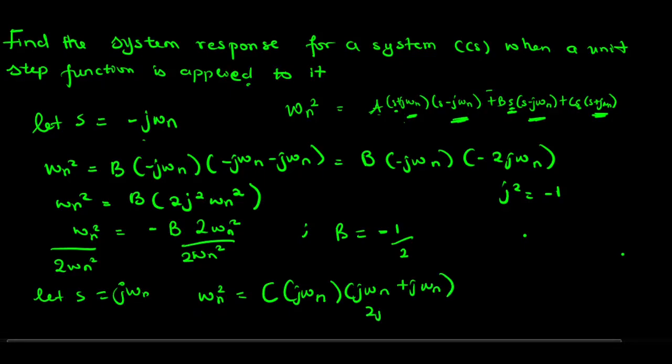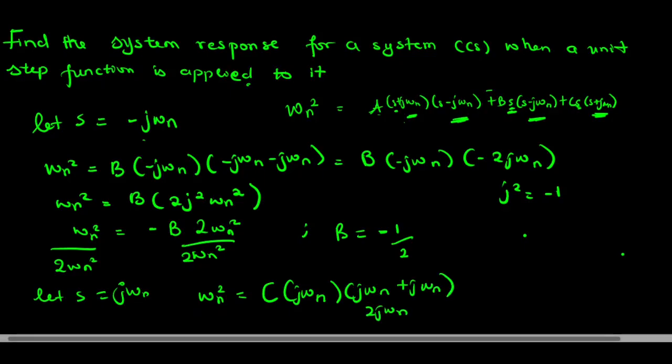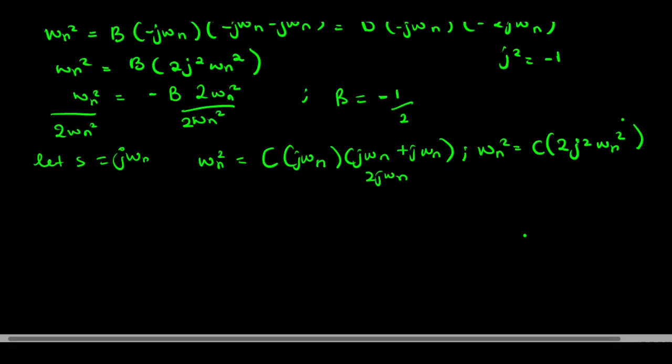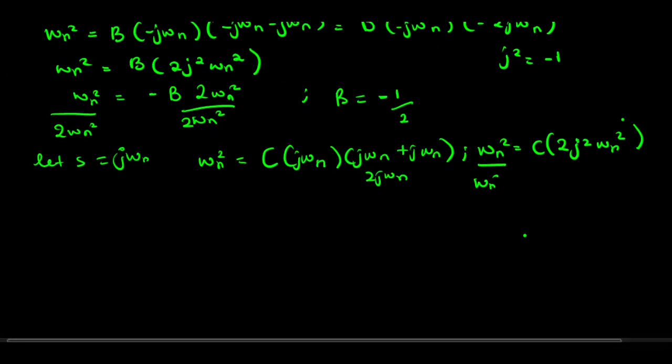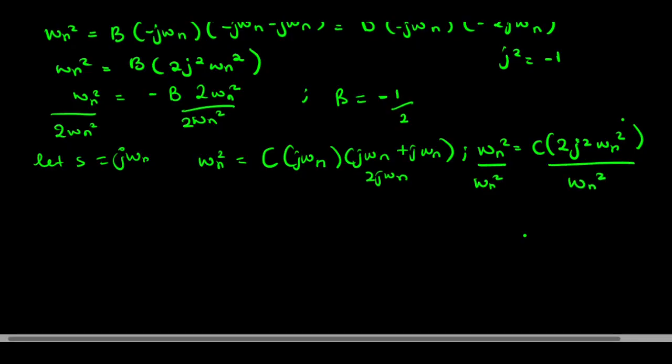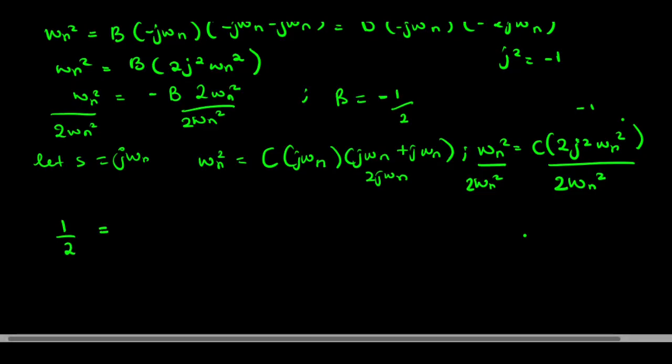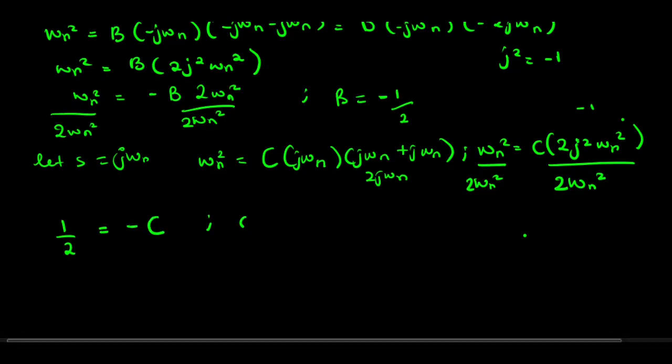This will be 2jωn times jωn, leaving us with ωn squared equals C times 2j squared ωn squared. Then from here you can simply divide ωn squared on both sides. j squared is minus 1, so this will become minus C. You can divide 2 on both sides, leaving you with 1 over 2 equals minus C, which becomes C equals minus half.